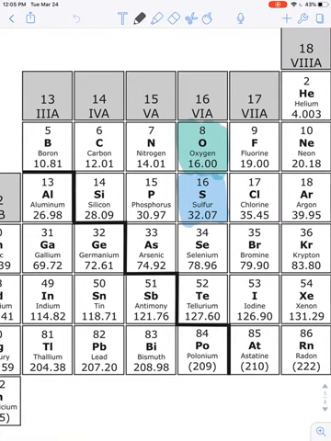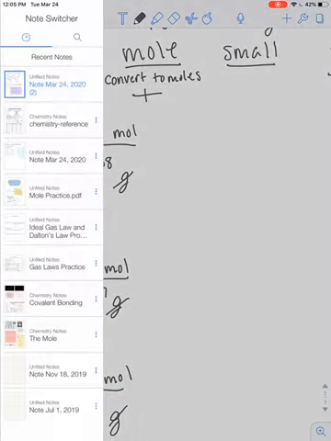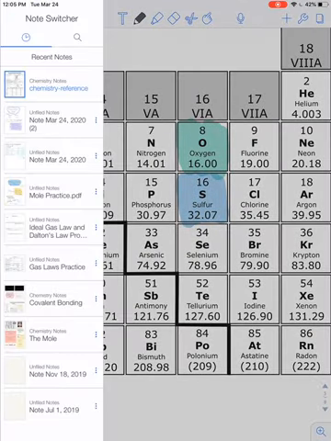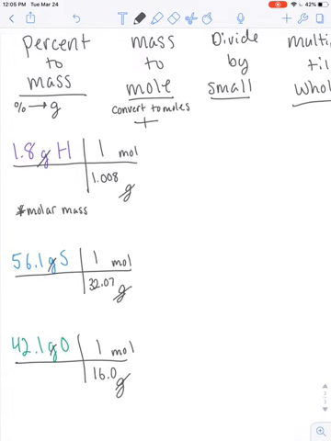Sulfur is 32.07, so 32.07 grams in 1 mole. And last but not least, oxygen is 16.0, so oxygen is going to be 16.0 grams in 1 mole. So our T-charts are set up.